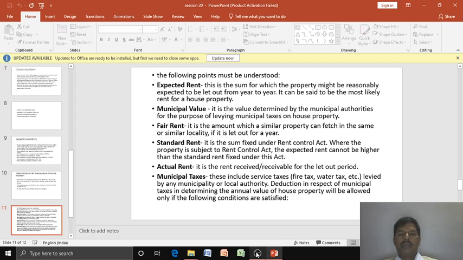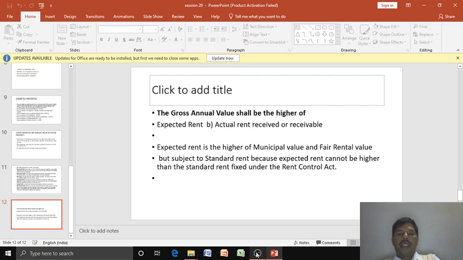Deduction in respect of municipal taxes, while determining the annual value of the house property, will be allowed. So while calculating annual value, from gross annual value you can deduct municipal taxes to get the net annual value. The gross annual value shall be the higher of expected rent or actual rent. First, you have to calculate expected rent.